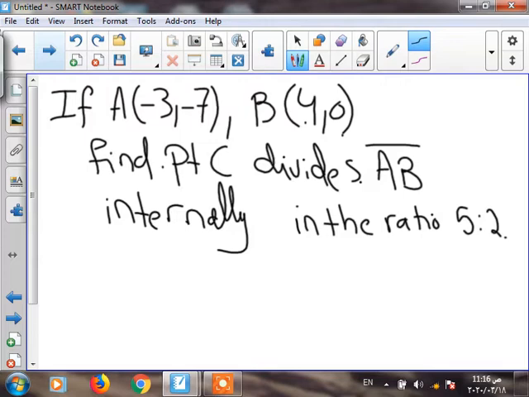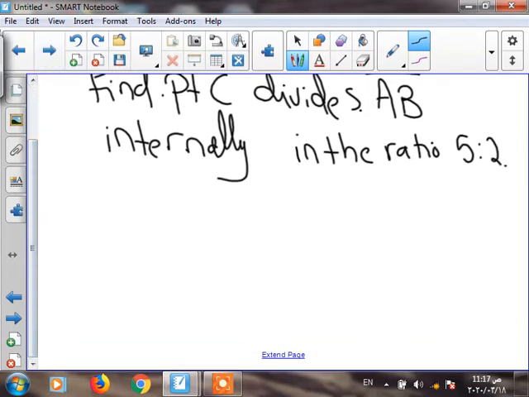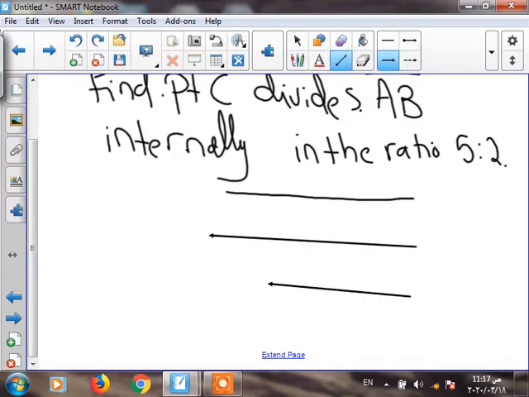We're going to be clear if we have a question. If the point A equals (-3, -7) and the point B equals (4, 0), find the point C which divides AB internally in the ratio 5 to 2. Look carefully at the question and start to understand the way. We first have a table with 3 columns and 2 rows.